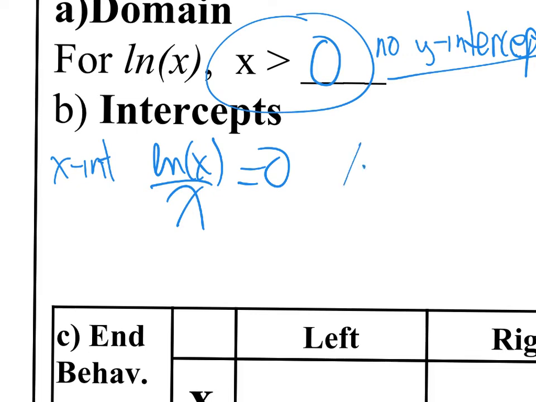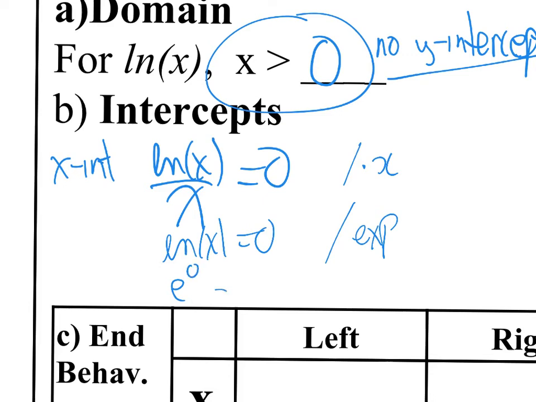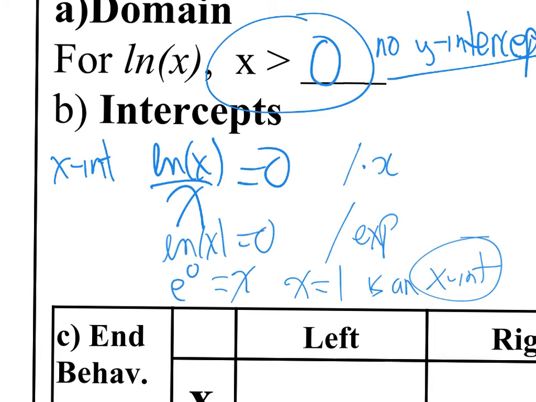I would multiply both sides by x, and I'd get ln x equals 0. So I can rewrite that as an exponent, and that means the base is e, the exponent is 0, and that equals x. x equals 1 is an x-intercept, which makes perfect sense, because ln x has an x-intercept at x equals 1.